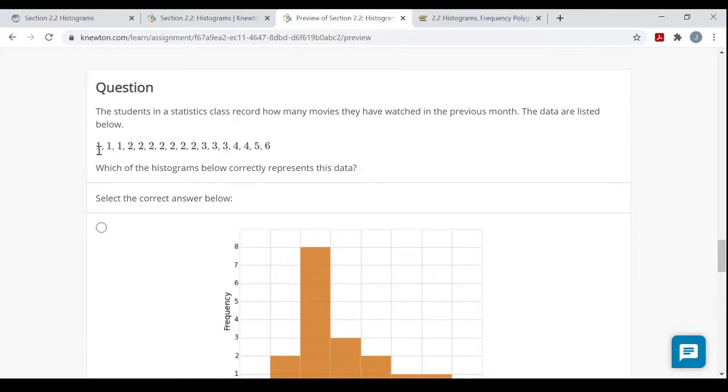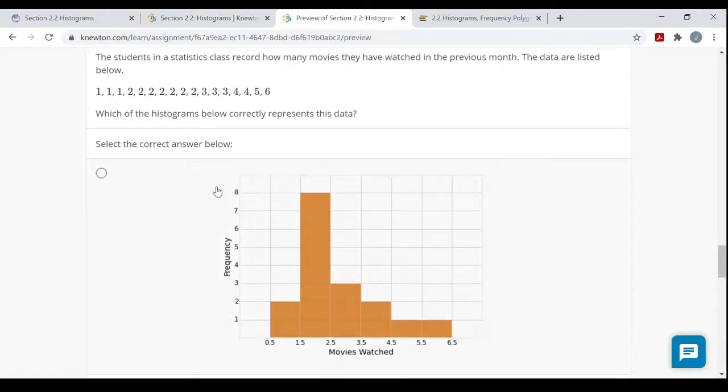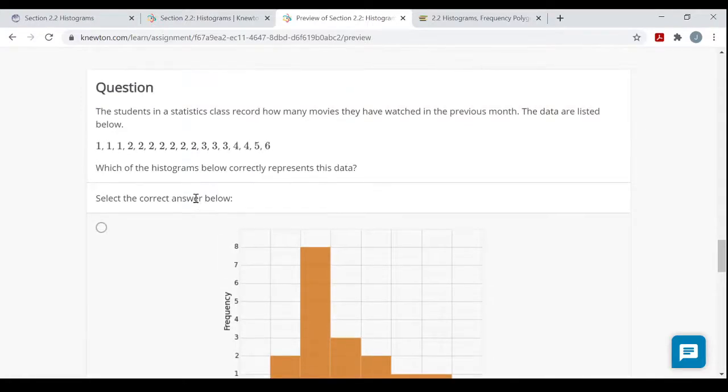So a student watched one movie, another student watched one movie last month, another student watched just one movie. These 7 students watched 2 movies, 3 students watched 3 movies, 2 students watched 4 movies, 1 student watched 5 movies, and 1 student watched 6.